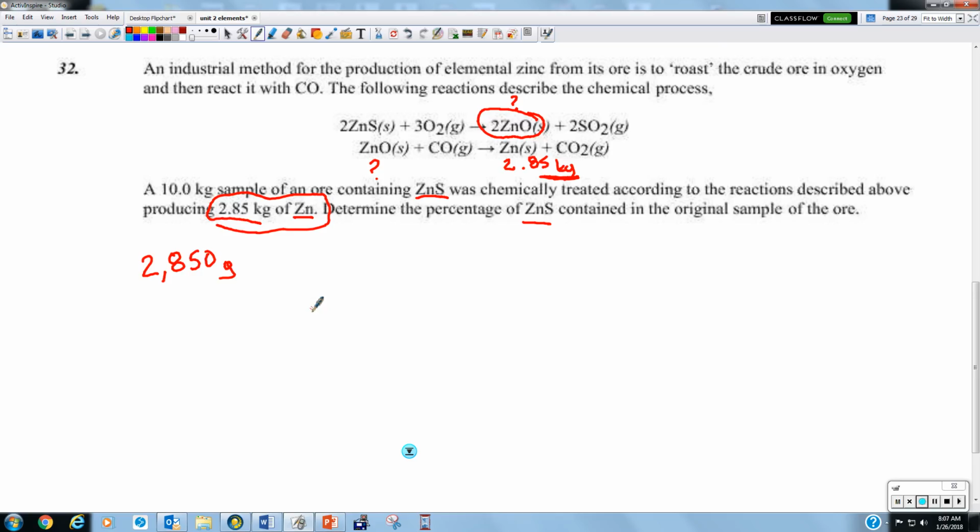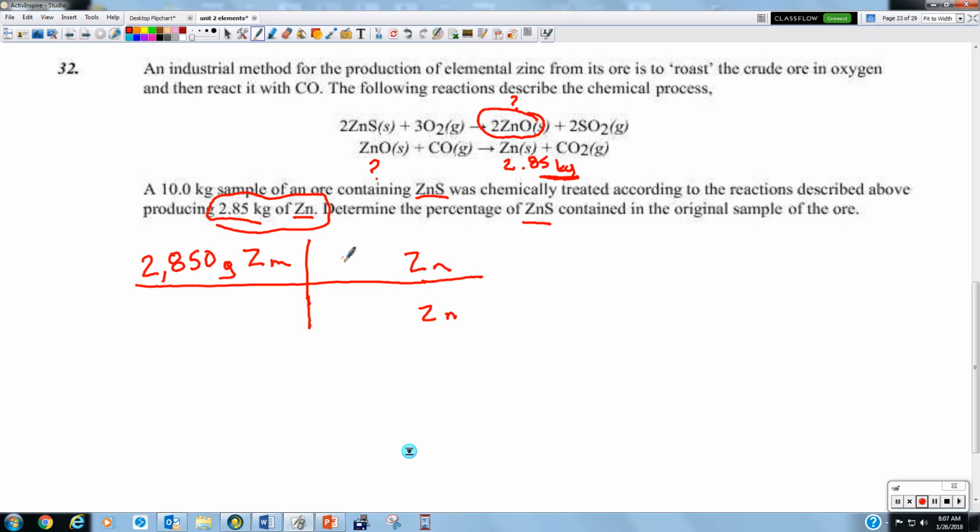Remember that there are 1,000 grams in every kilogram, so it's going to be 2,850 grams of zinc. All right, what's my next step? I need to get to moles.